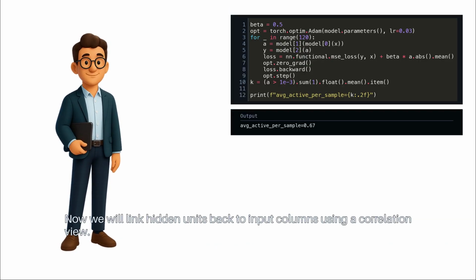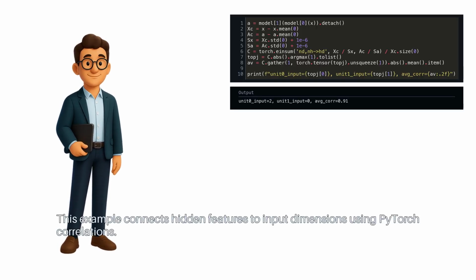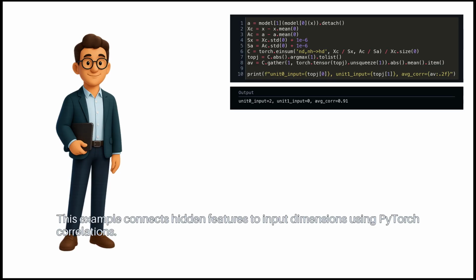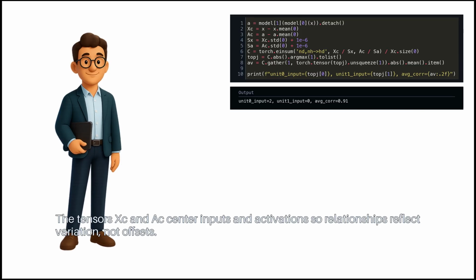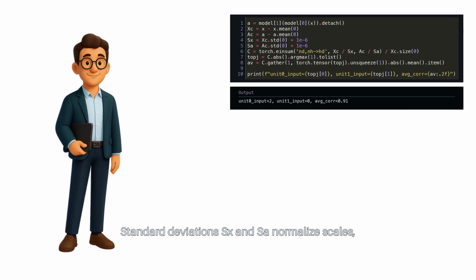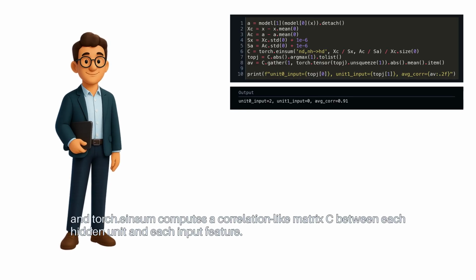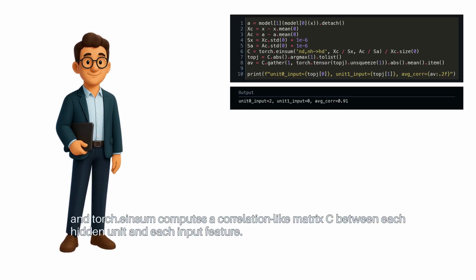Now, we will link hidden units back to input columns using a correlation view. This example connects hidden features to input dimensions using PyTorch correlations. The tensors XC and AC center inputs and activations, so relationships reflect variation, not offsets. Standard deviations, SX and SA, normalize scales, and torch.einsum computes a correlation-like matrix C between each hidden unit and each input feature.